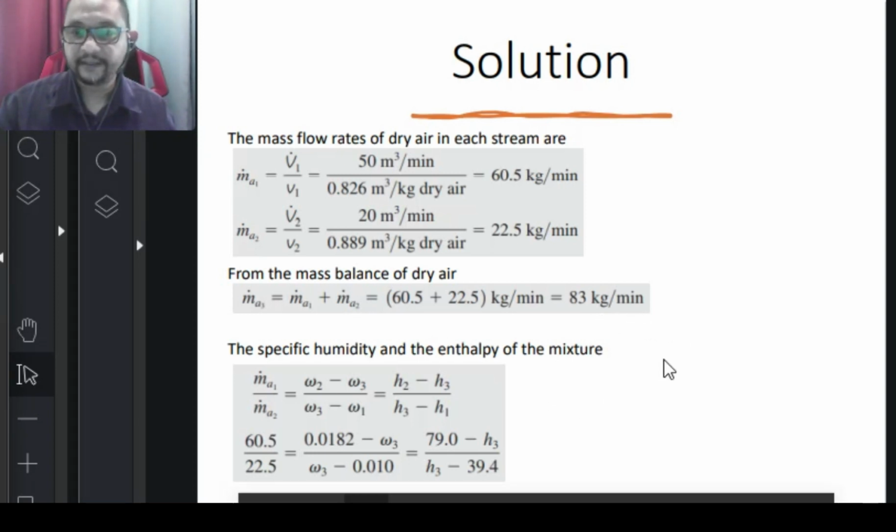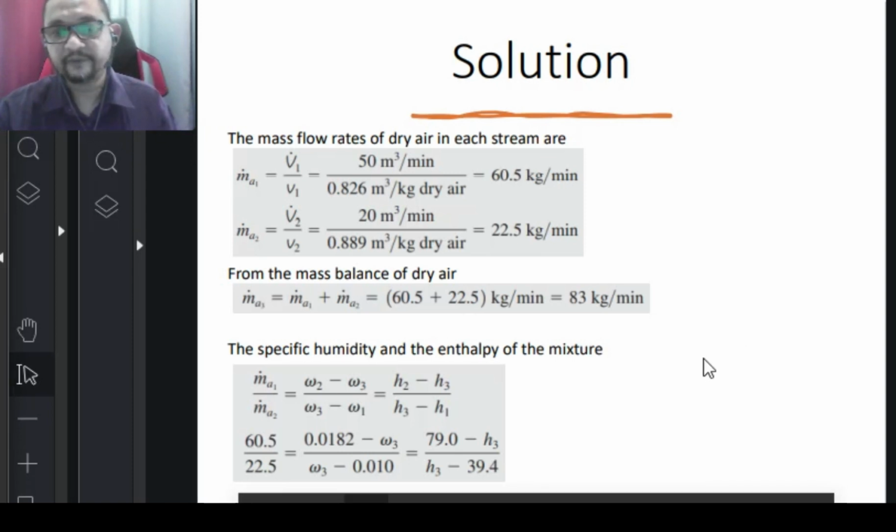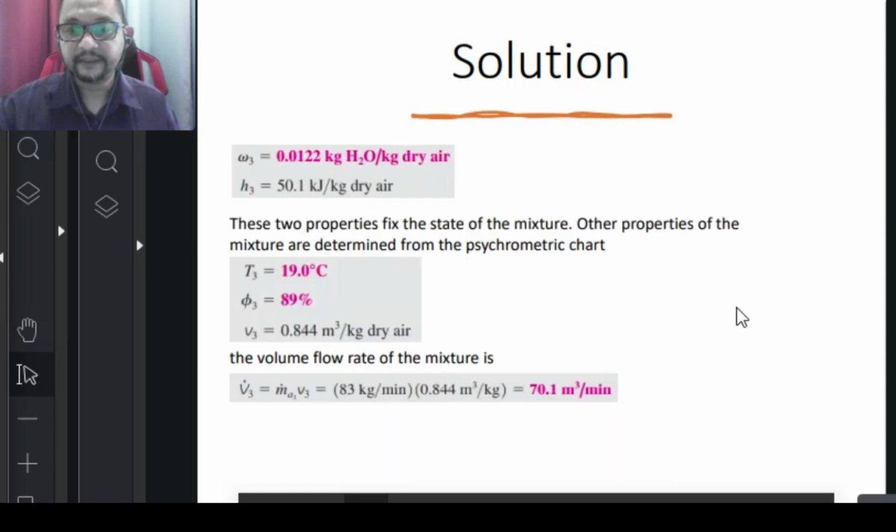To find the specific humidity and enthalpy, use the formula I mentioned in the previous slide with m dot a1 and m dot a2.